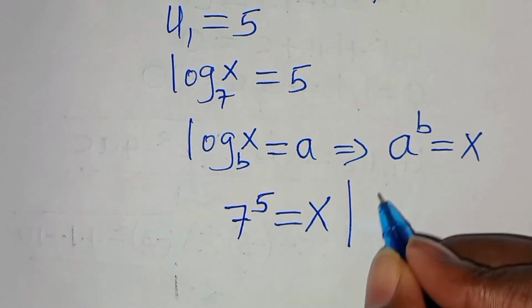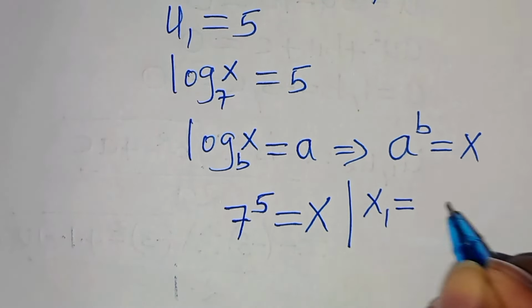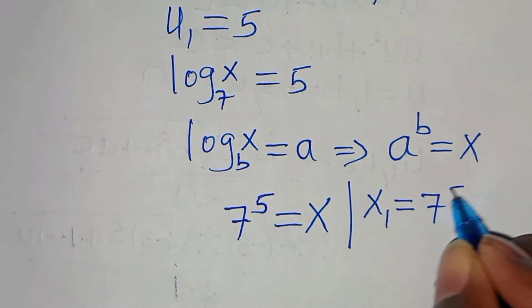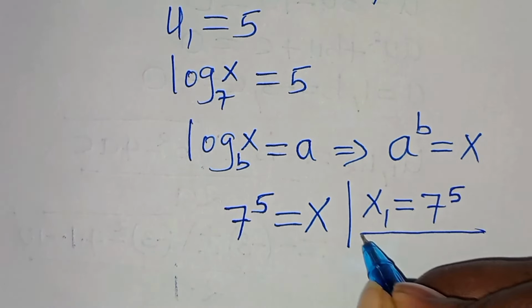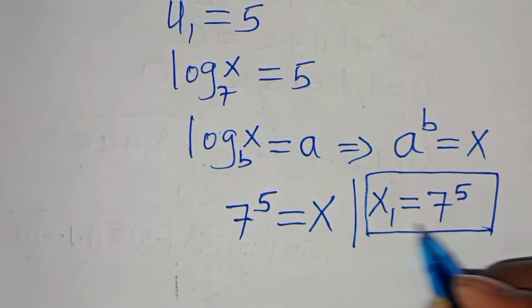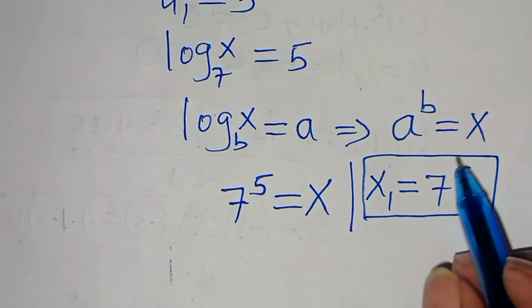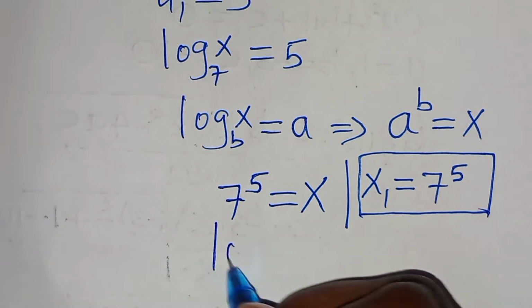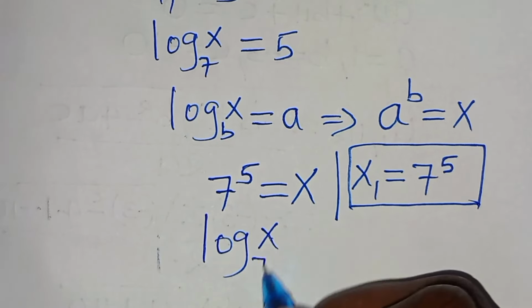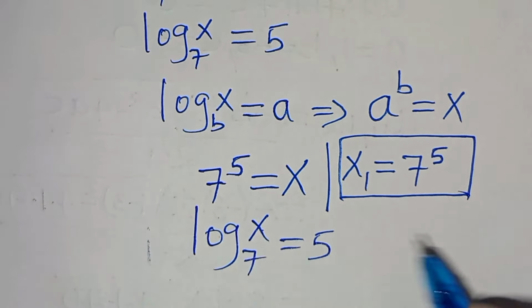And this implies that x1 is equal to 7 to the power of 5. That is the first way. The second way here, we have log x to base 7 equal to 5.